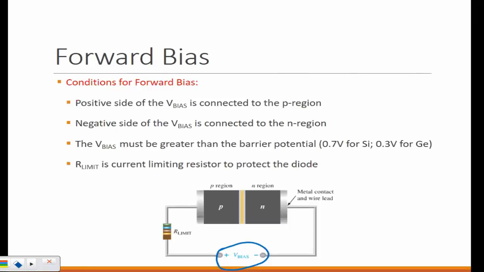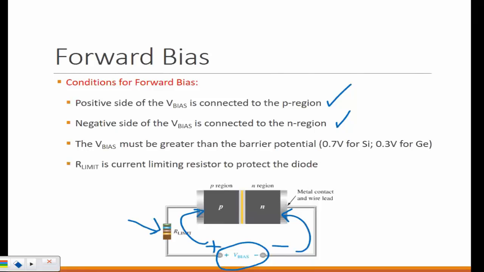So that's why it's simply stated as a bias. You see the construction of the forward bias: the positive side of the voltage source is towards the P-type, whereas the negative side is towards the N-type. You see there is a resistor right here.